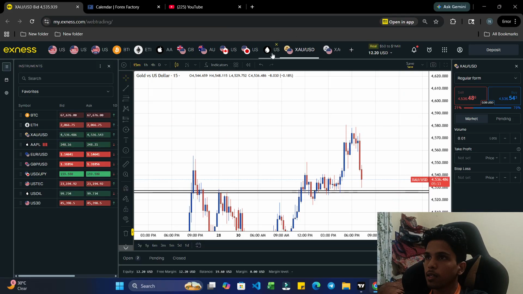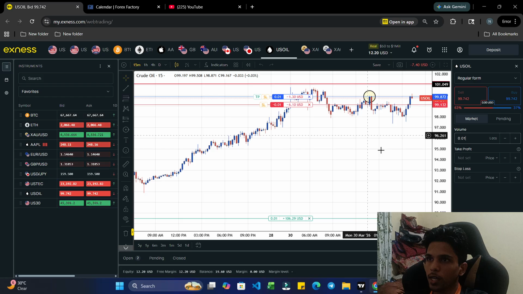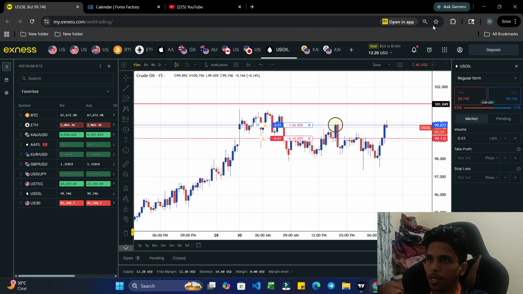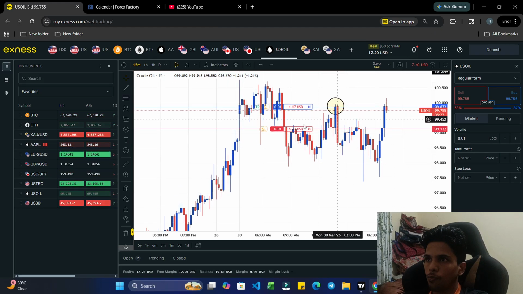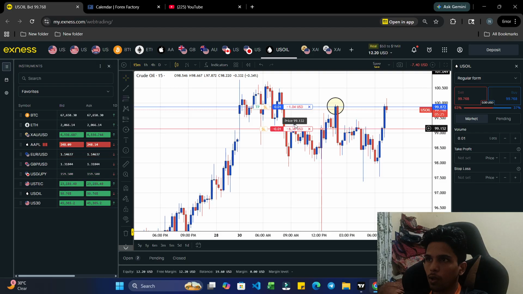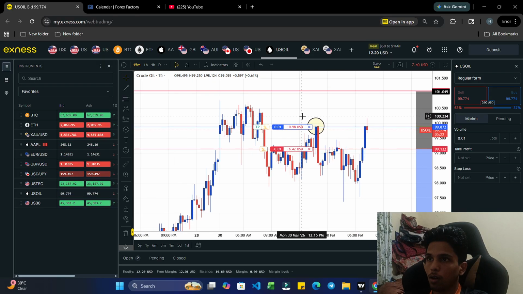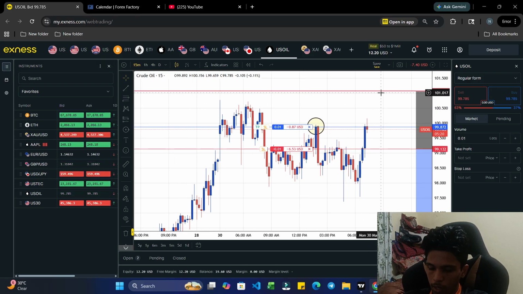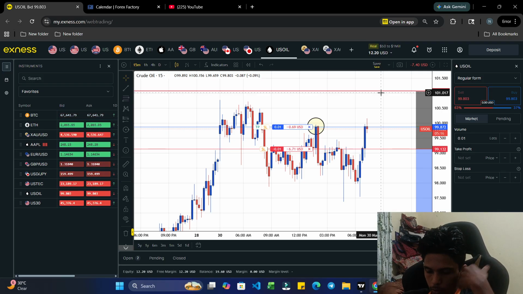What I said, the US oil should come down, and it has come down. Like we are on the $6 loss and $1 loss in the upside, but that is what it is. We are just hoping this candle should close on the red.